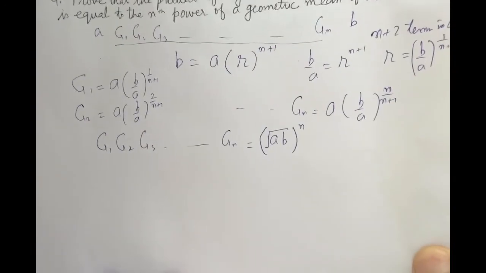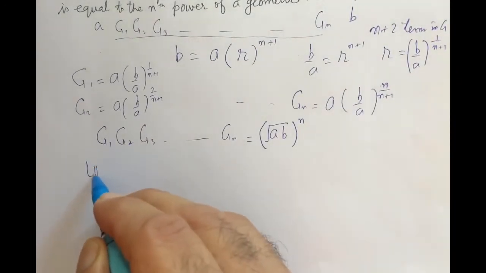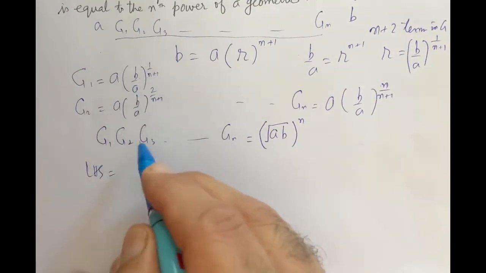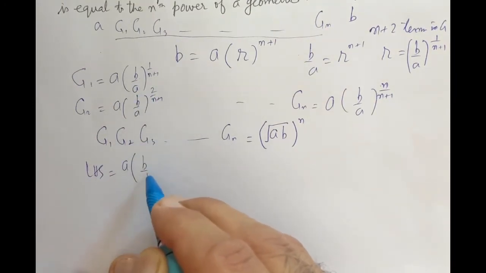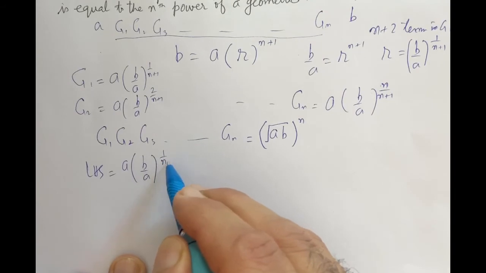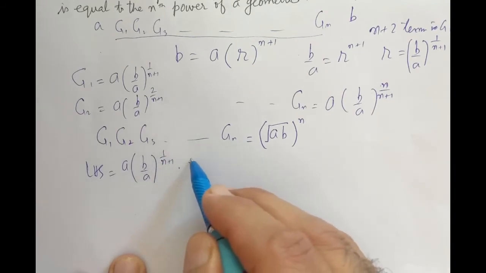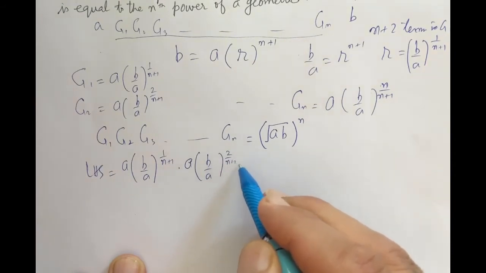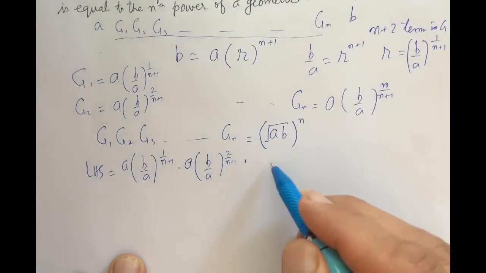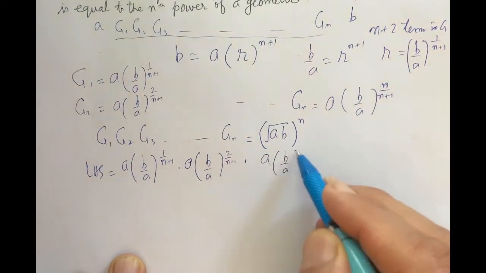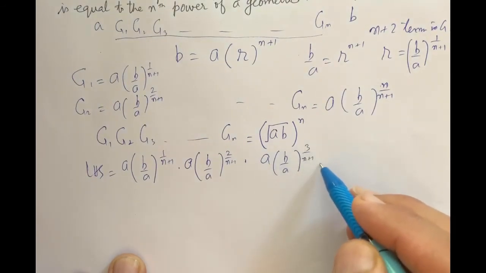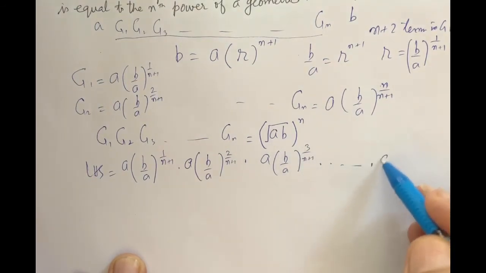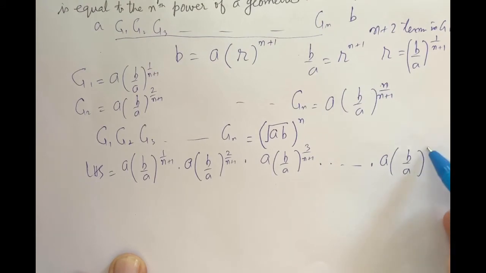So we start from the left hand side. It's g1, a into b by a raised per 1 by n plus 1, into g2, a into b by a raised per 2 by n plus 1, into a into b by a raised per 3 by n plus 1 and so on, into a into b by a raised per n upon n plus 1.